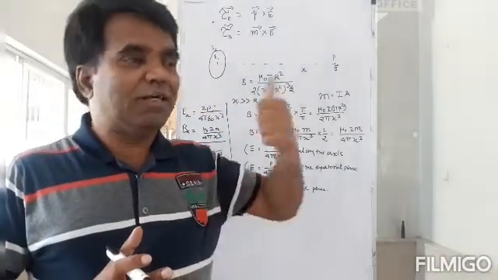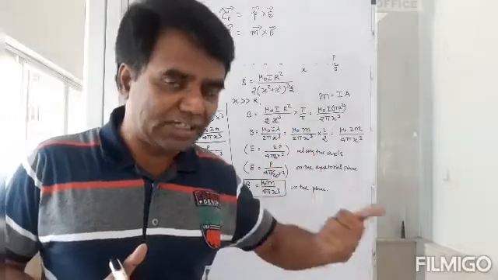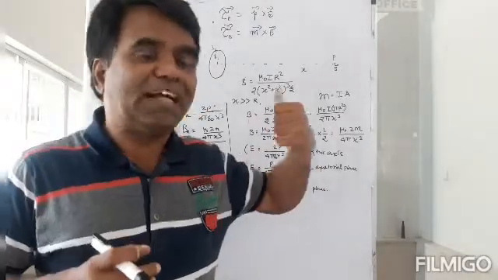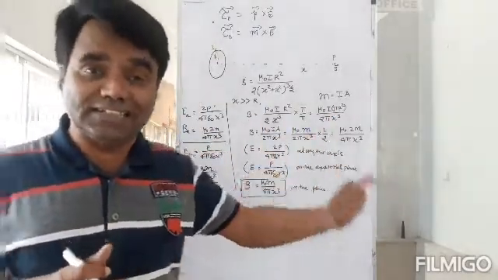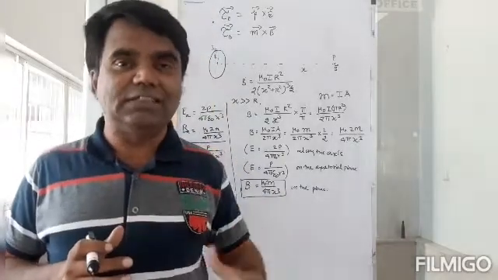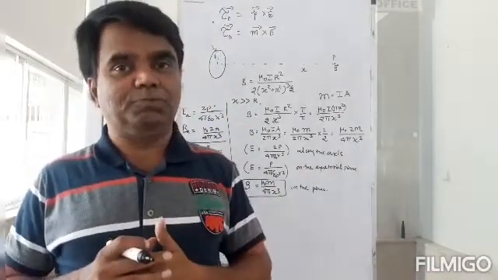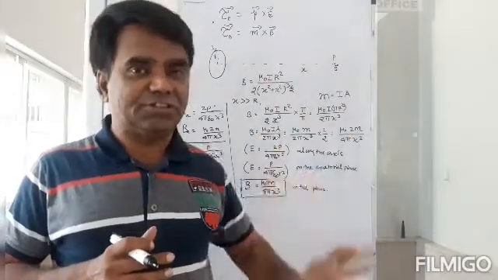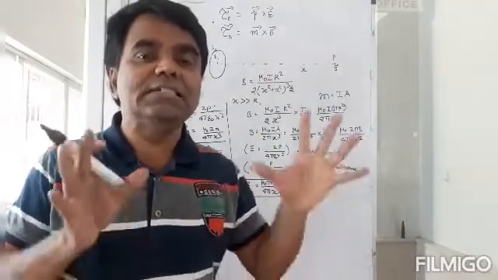Okay, you have a magnetic dipole moment, you have an electric dipole moment. You have a magnetic field set up by a magnetic dipole, you have an electric field set up by an electric dipole, and the equations for these two are very similar.